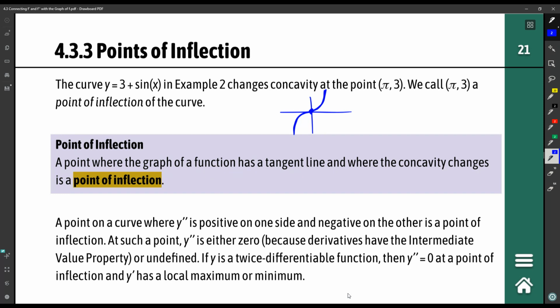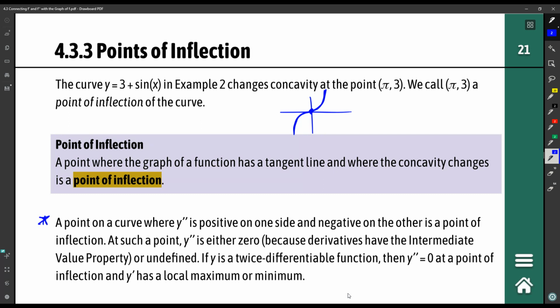So that means a point of inflection can occur where the concavity changes from concave up to concave down, or from concave down to concave up. A point on a curve where y double prime is positive on one side and negative on the other is a point of inflection. So that's another key way to remember where a point of inflection is.